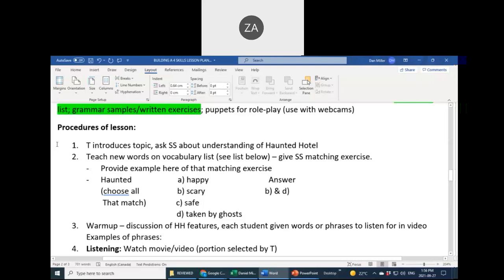So, for instance, you might say, "1 minute's not going to be enough for that. Let's give that 3 minutes to introduce the topic and ask for that understanding." Then you might have this matching exercise.